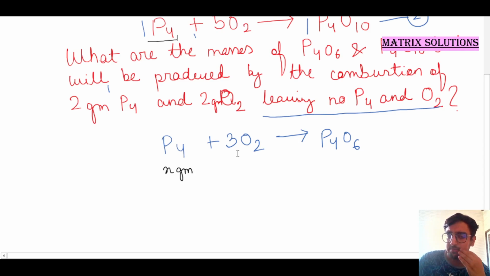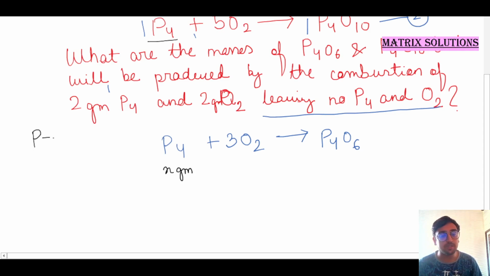Before knowing what amount of O2 will react, just recall a concept. How do we convert x gram, or something gram, into number of moles? Yes, exactly. We divide it by the molecular mass or the atomic mass. What is the atomic mass of P?